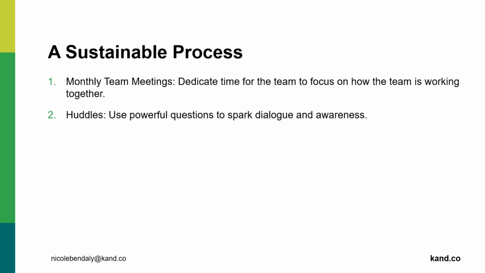Schedule time in huddles. Use powerful questions to spark dialogue and awareness within huddles. The question can be as simple as, what did we do well last week? What do we need to do differently this week? Okay, the question doesn't need to be difficult. It can be a simple question that focuses the team's attention on recognizing what it's done well and where it needs to improve.